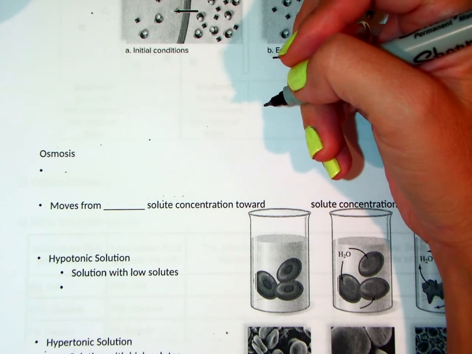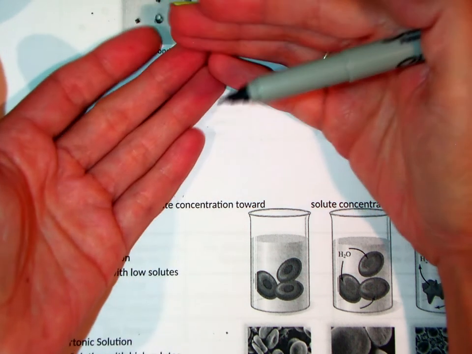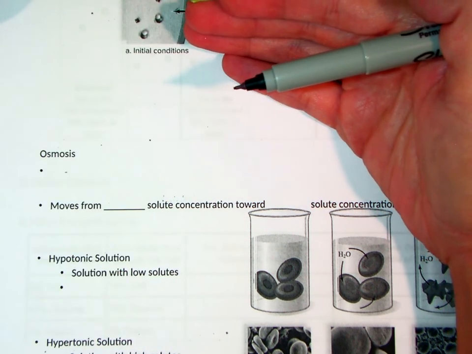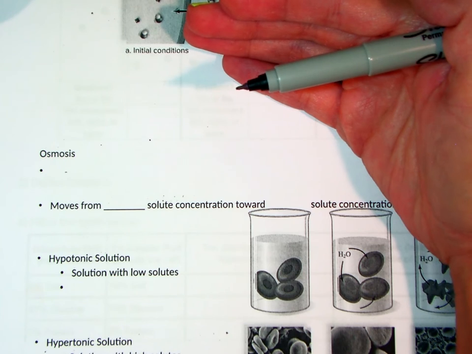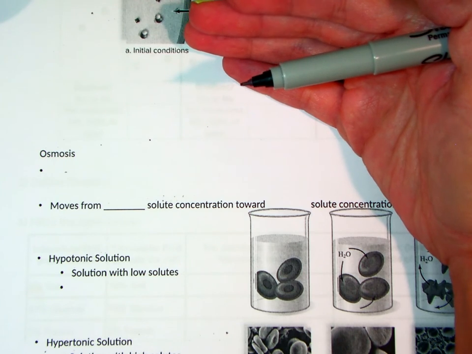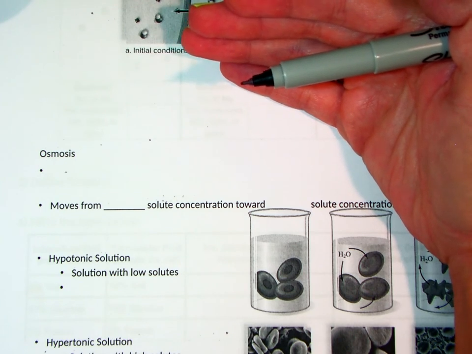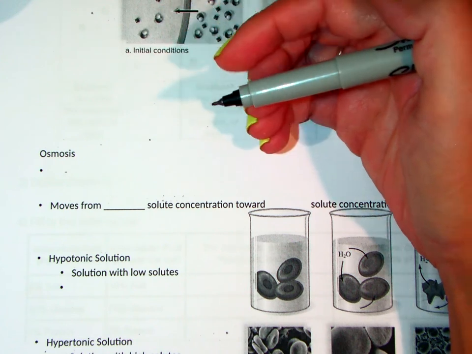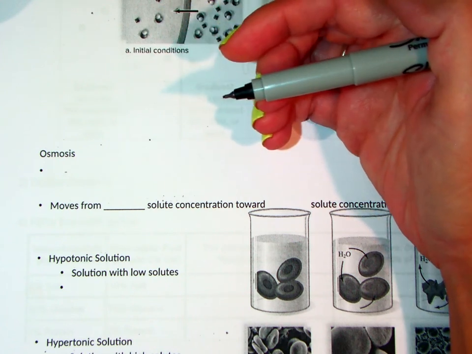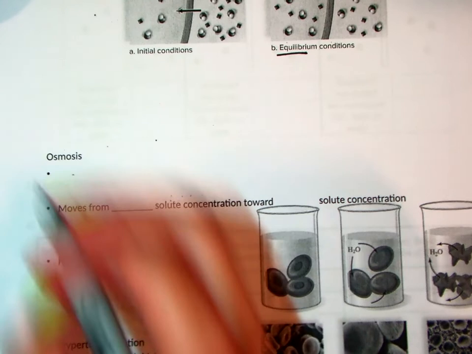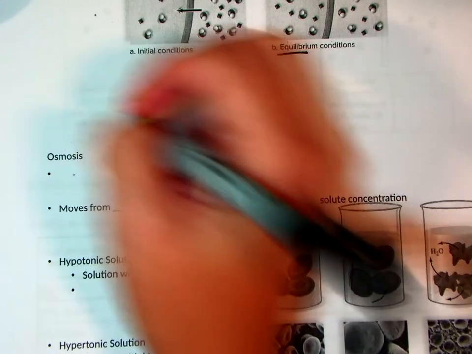So they should replace that with diffusion. I mean, from high concentration of knowledge in the books to low concentration of knowledge in the head, I guess, I don't know. But osmosis refers only to the movement of water. So anytime you hear the word osmosis, think of water. So we'll define it as the movement of water across a membrane.